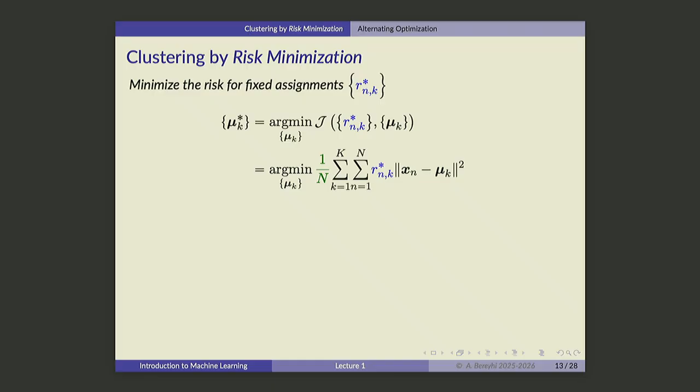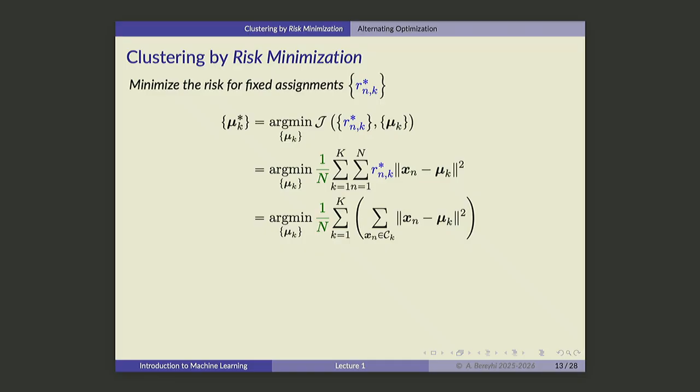So this Rnk is only one for those n's which belong to cluster k, right? So I can simply say that this summation is the summation of the distance of xn from centroid k for those that belong to cluster k, right? Everybody's clear?